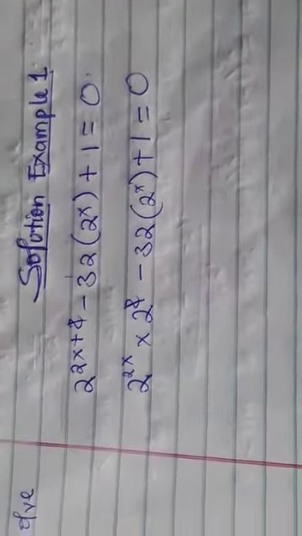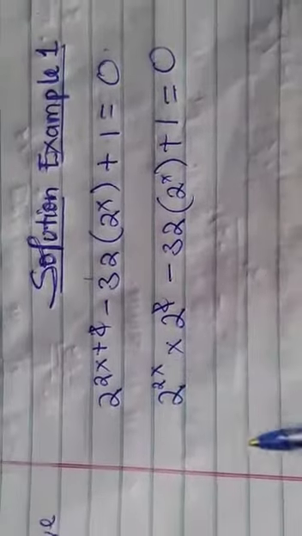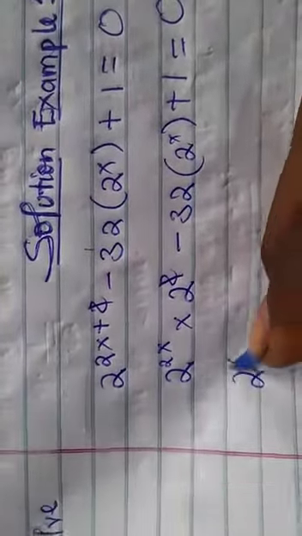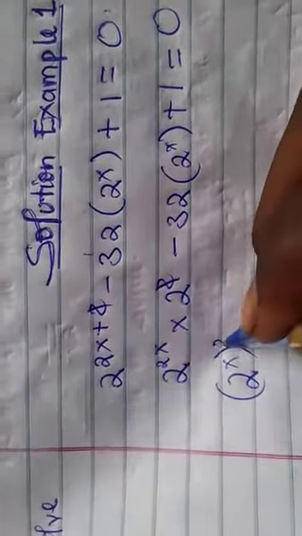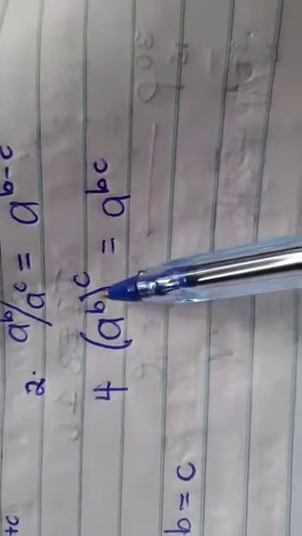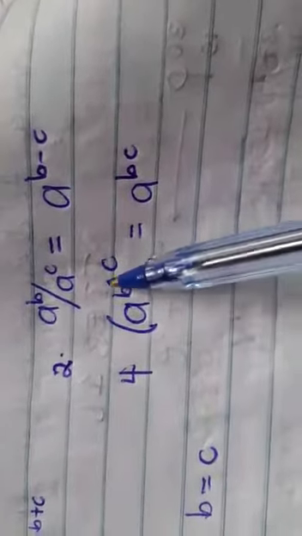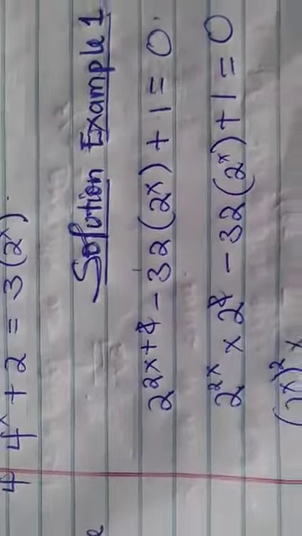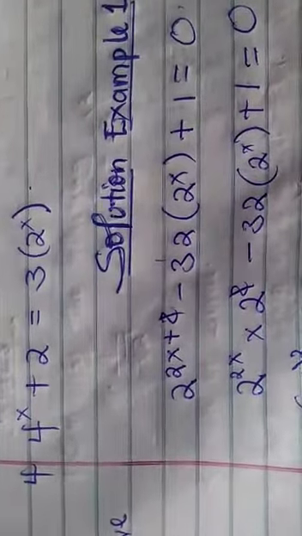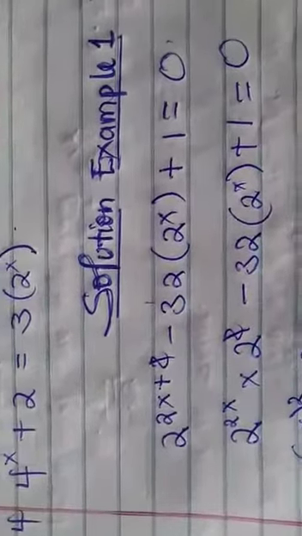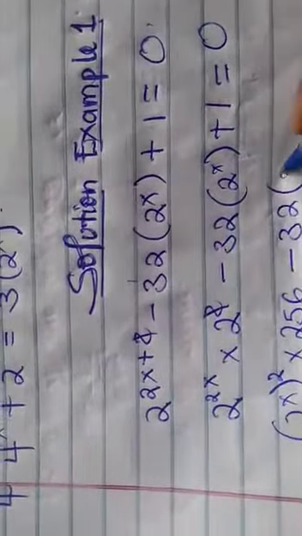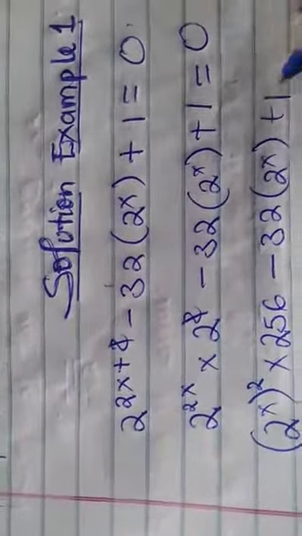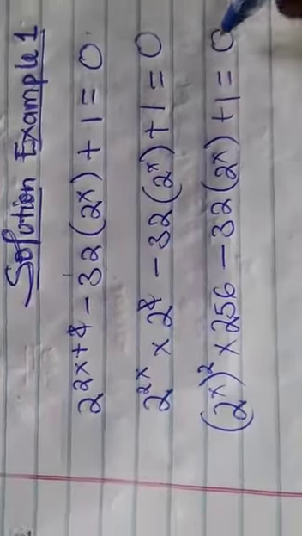I think that is clear. Therefore, this one is the same as having 2 power x, then squared. Same law here: if I'm having a power b, the whole of it power c, I just simply multiply the powers. It's what I've done here. Then times 2 power 8, which is 256. Then this is minus 32 into 2 power x plus 1, equating to 0.